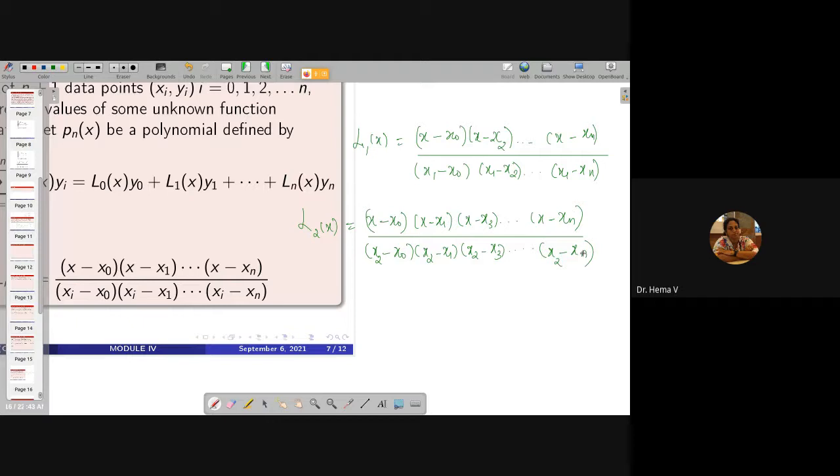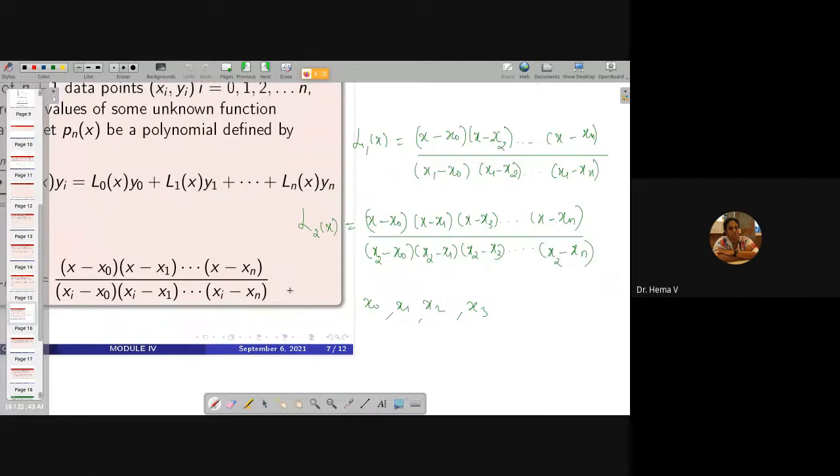Suppose this is data having 4 values, x0, x1, x2, x3. In that case you can truncate here and skip the rest, so it will go up to this only. So this is how we write the function Li of x.